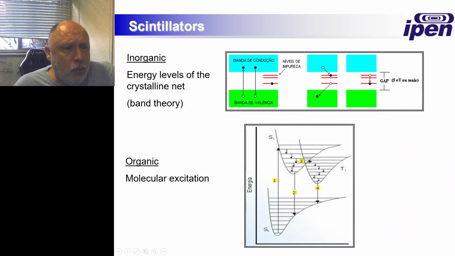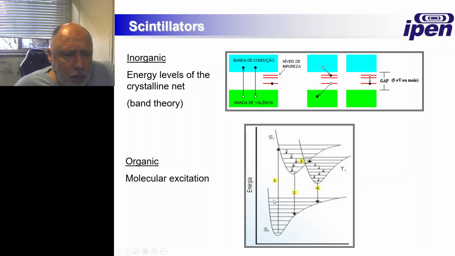In the inorganic ones, the idea is simple. Radiation comes in and deposits energy on one electron in the valence band, taking it to the conduction band. Then it doesn't fall back directly, otherwise it would only give you the energy back, but it passes through intermediate levels, which, instead of emitting X-rays when decaying, will emit light radiation.